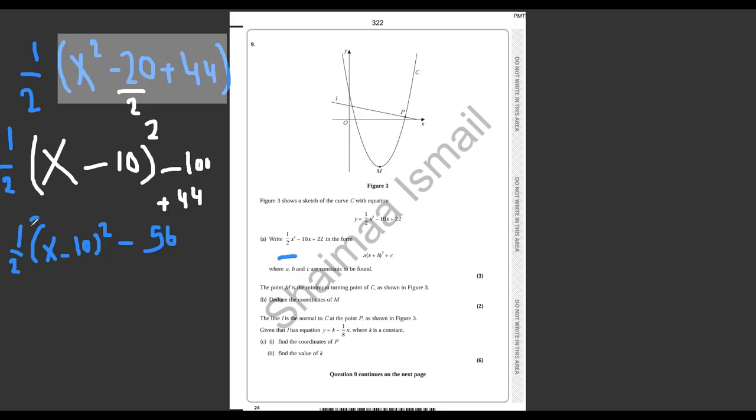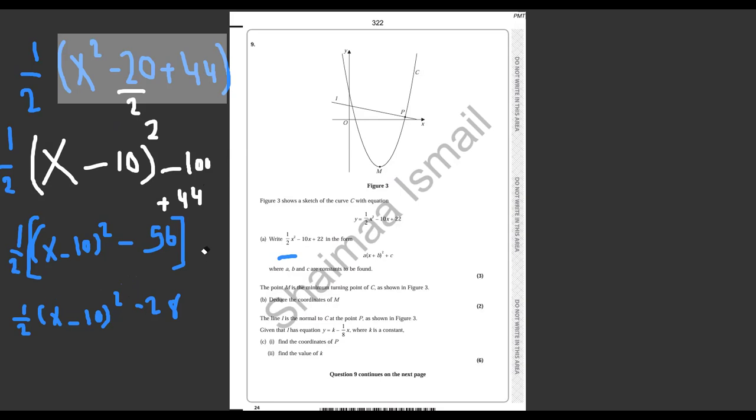All of that is multiplied by half, so half multiplied by 56 gives us negative 28. Keep the half outside the bracket, x minus 10 squared.